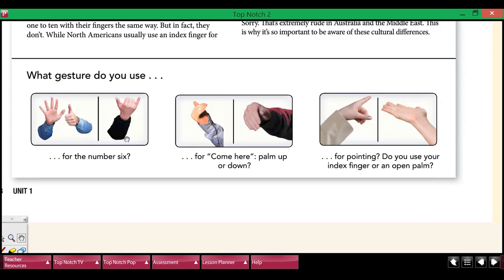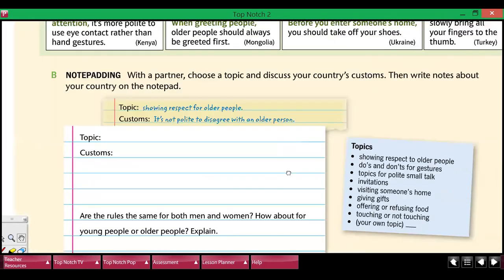With the palm down. Whatever, I can do this or I can do this and you understand. That is not a problem in El Salvador. Now, what about the other? Well, we use the index finger.